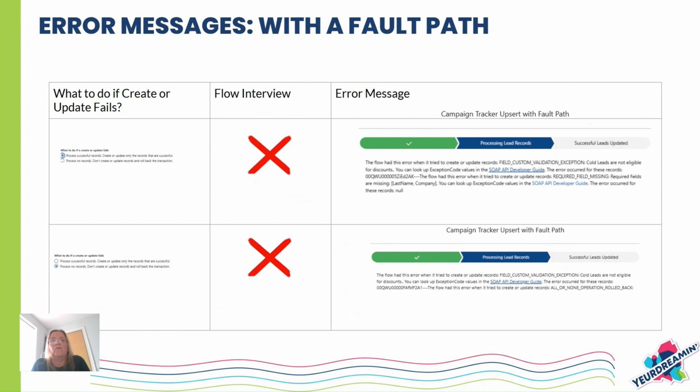If we have a look at what error messages we can receive, if you have a fault path, there is no failed flow interview record. However, you can display a meaningful message back to your user to explain a little bit about why the error has occurred. So you can see here that the user will know that a custom validation error has been hit.